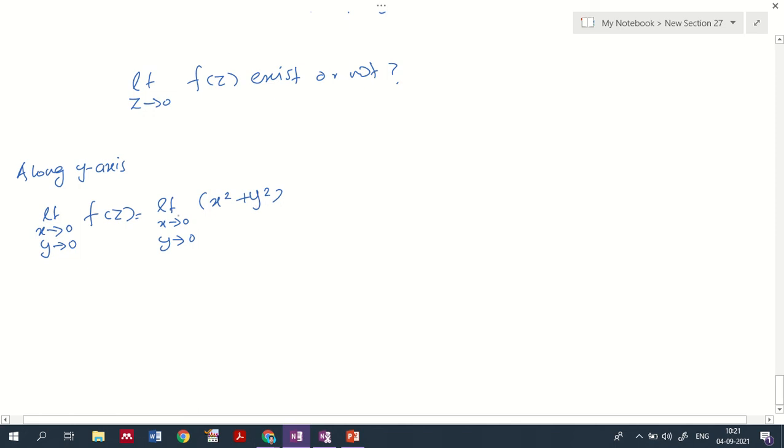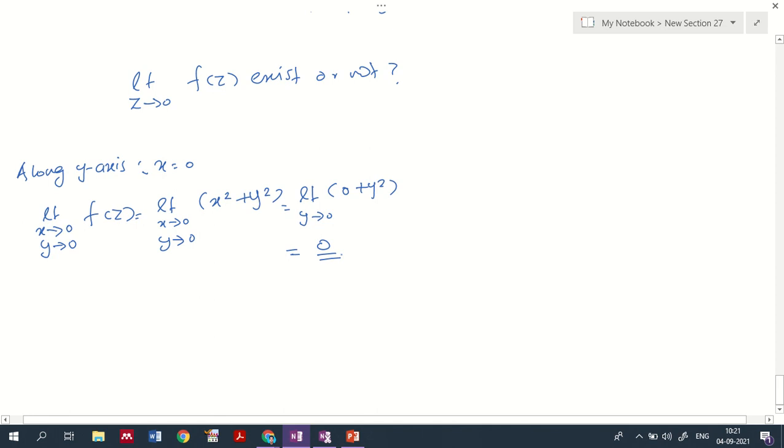So if I substitute x equal to 0, I'll have limit y tends to 0, that is 0 plus y square, that is equal to 0 will be the corresponding value.